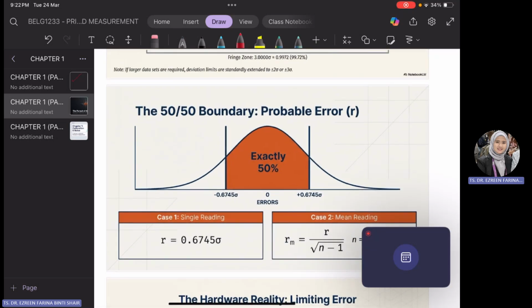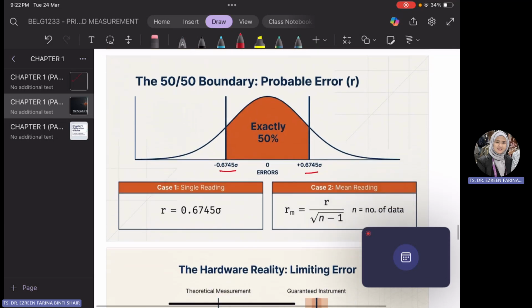So the boundary from negative 0.6745 sigma to positive 0.6745 sigma consists of 50%. For a single reading, r equals 0.6745 sigma, and for the mean reading, we use rm.